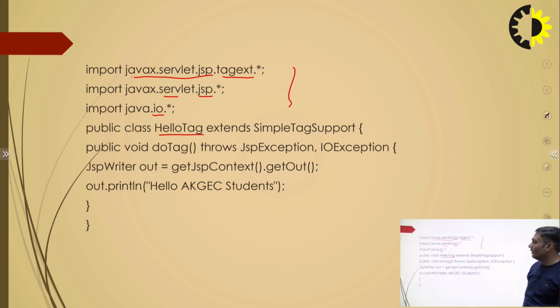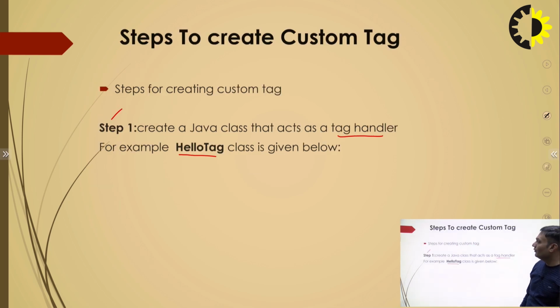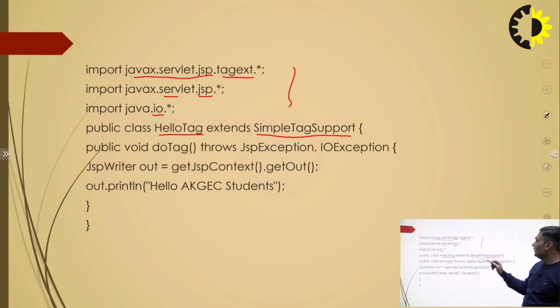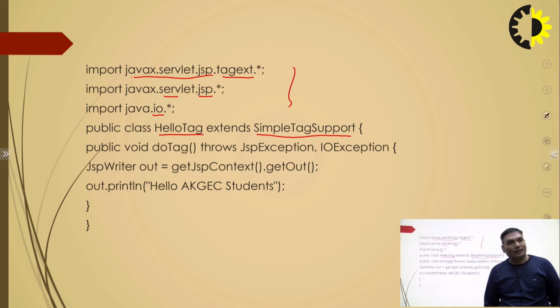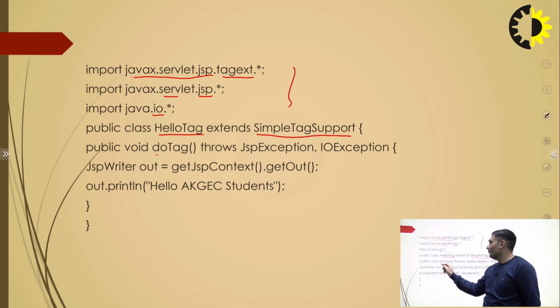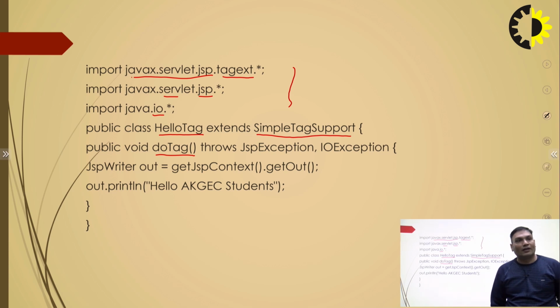I just give the name HelloTag, and this tag will extend the SimpleTagSupport. As we have seen, first we need to create a tag handler, and this tag handler will extend the tag support class. And there is a method inside SimpleTagSupport, that is doTag. doTag is a method that is defined already, and we just need to override this method. So whatever we want to write inside, we can.